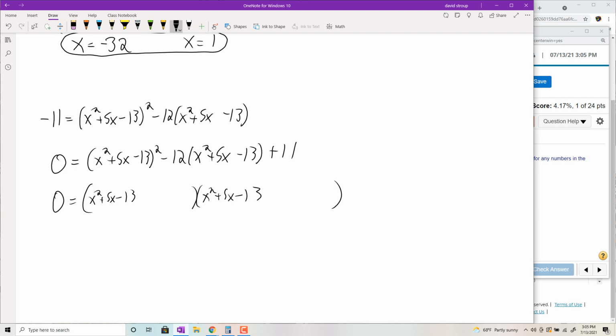So we need probably 11 and 1. So we'll have x squared plus 5x minus 13 minus 11 is minus 24 equals 0. And then x squared plus 5x minus 14 is 0, just combining minus 13 minus 1. Then hopefully we can factor these. The first doesn't look like we can.